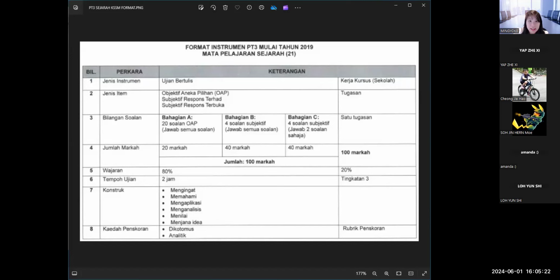This is a standard exam format, not a school format, the UASA exam format. Kerja khusus is only for Tingkatan 3. Otherwise, for Form 1 and Form 2, it is 100% from your exam paper, Bahagian A, B and C.